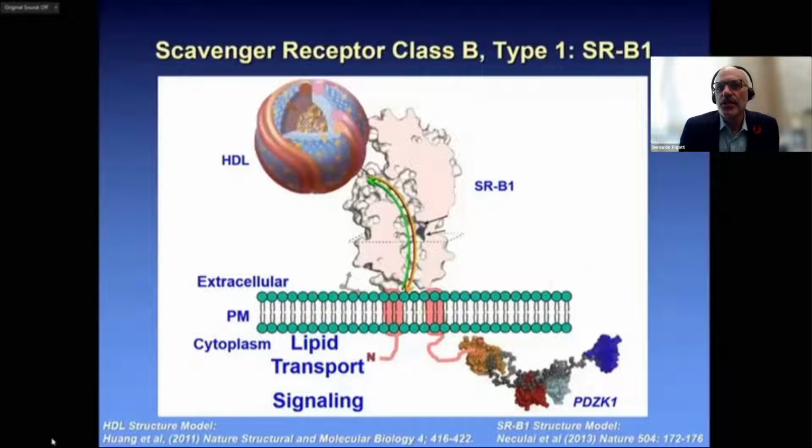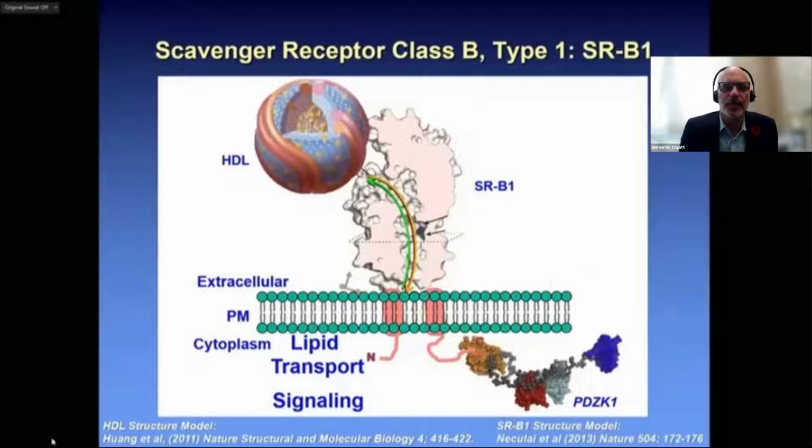Now, in addition to mediating lipid transport, SRB1 has been shown over the last decade to be able to mediate signaling, or the activation of cell signaling pathways, in response to HDL binding. I'll point out this other protein that I'm showing on the diagram that's labeled as PDZK1.